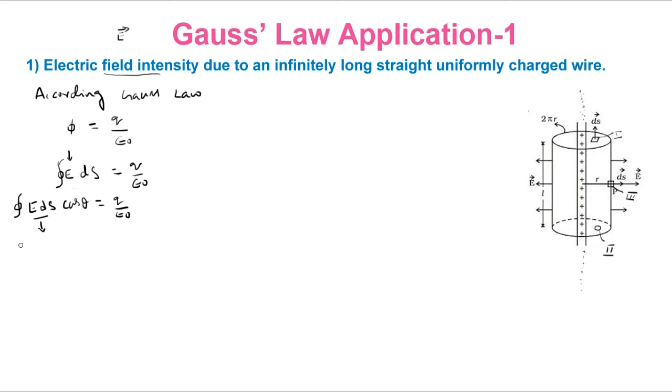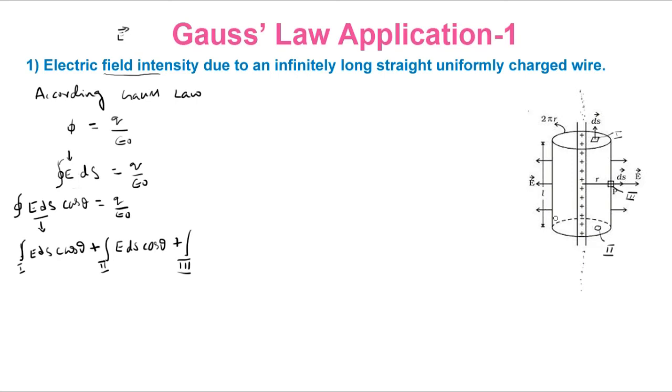So this is equal to the integration, that is the first part, E into ds cos theta, plus the integration of the second part, E into ds cos theta, plus the third one, that is the third part.